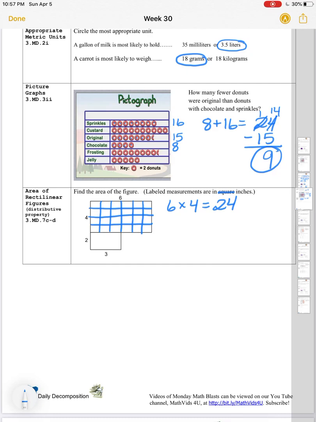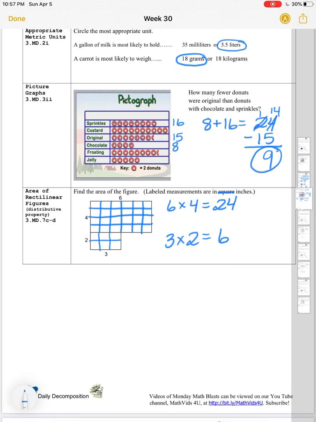Now for my bottom rectangle, I can say there are 3 columns and 2 rows, and I know that 3 times 2 is equal to 6. And so the area of that bottom rectangle is 6 square inches.